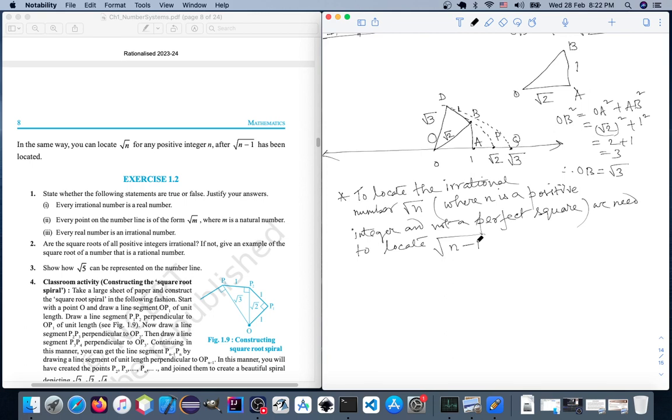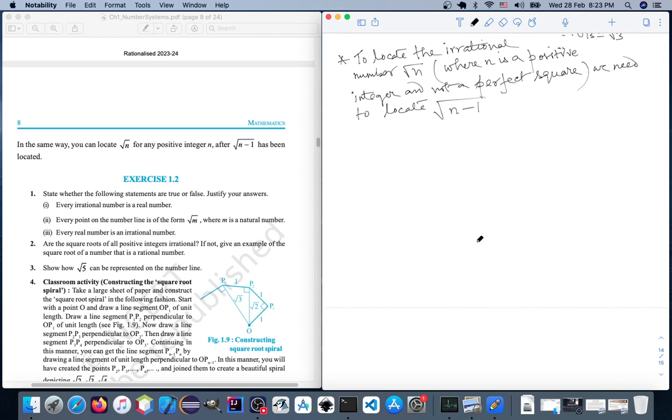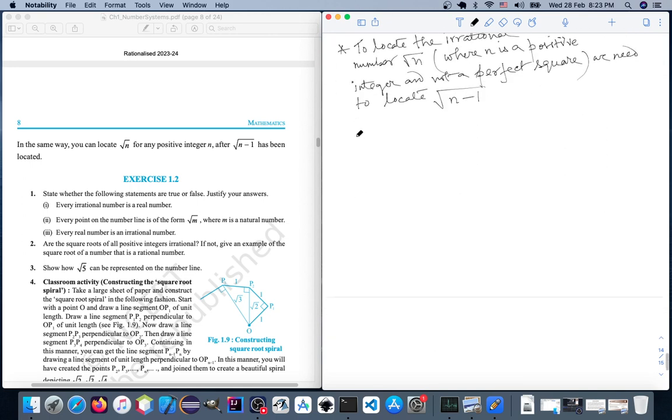Now, before doing the exercise 1.2, let me explain a few more examples. How do we locate irrational numbers? So, let's say exercise.